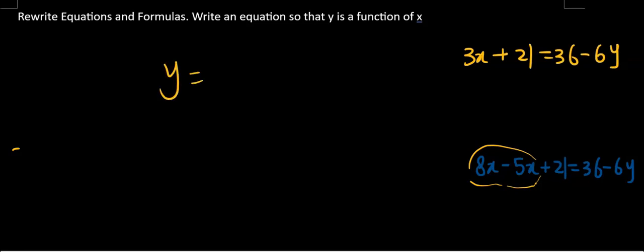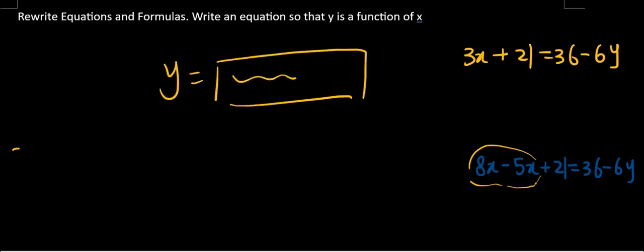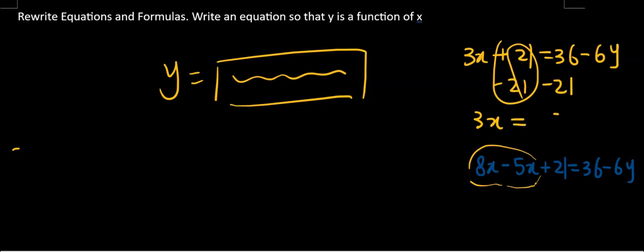We want to write y equals something. All right, we're going to subtract 21 from each side and cancel it out. And we have 3x is 15 minus 6y.